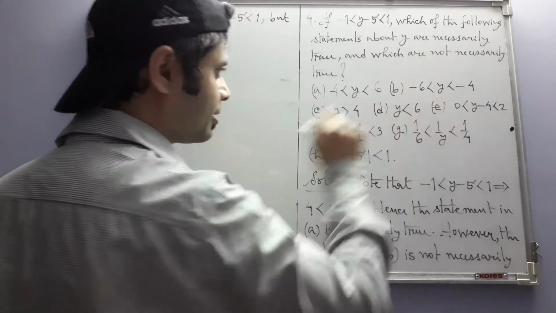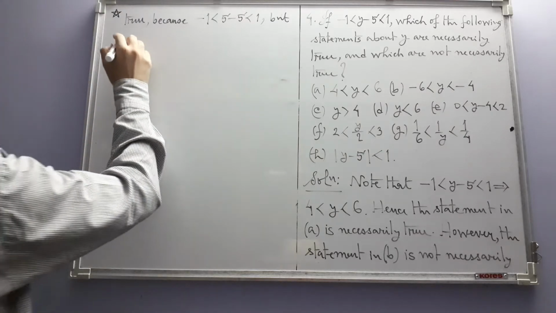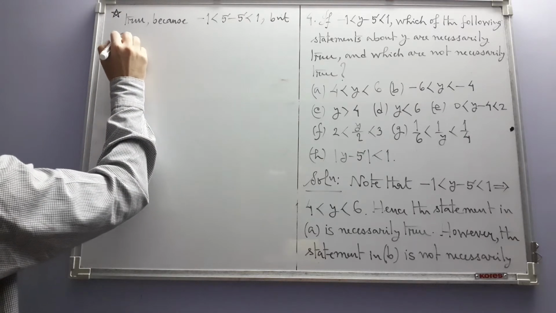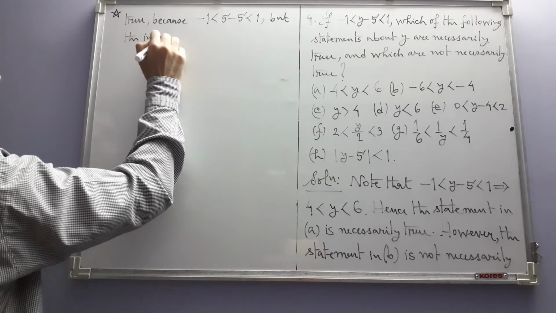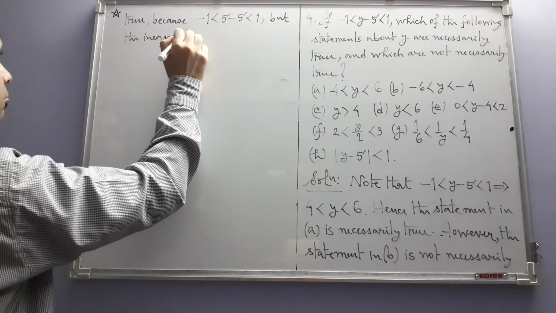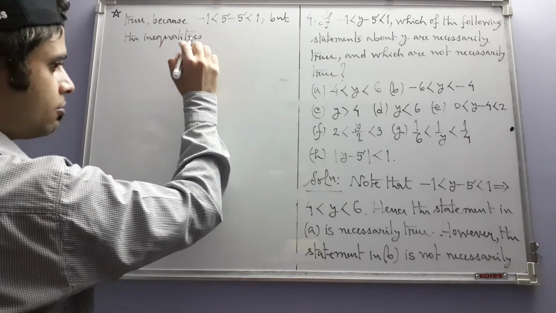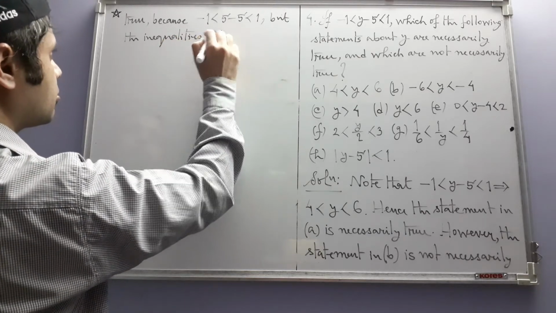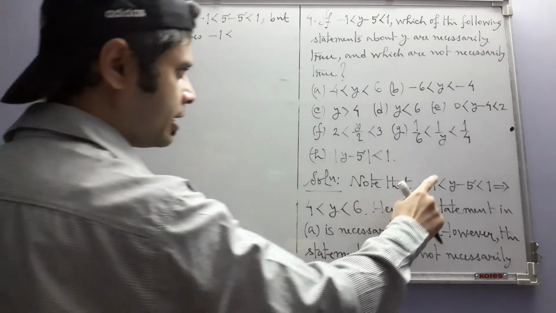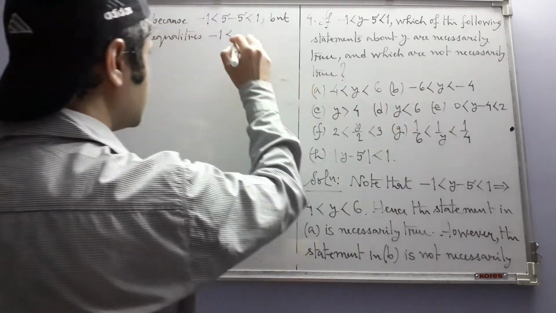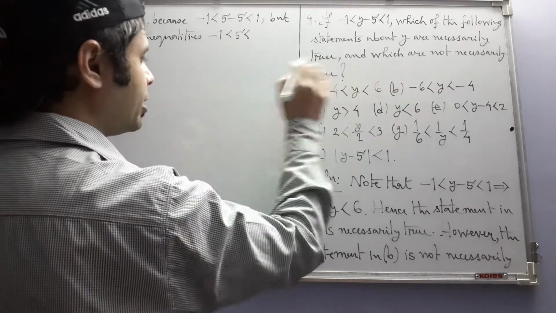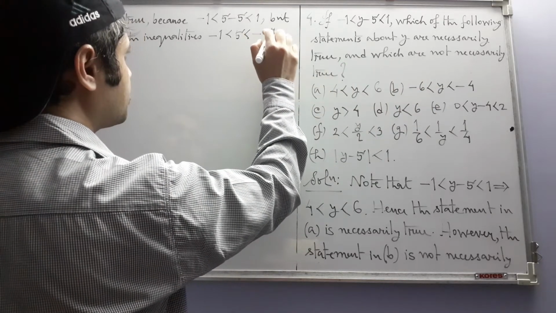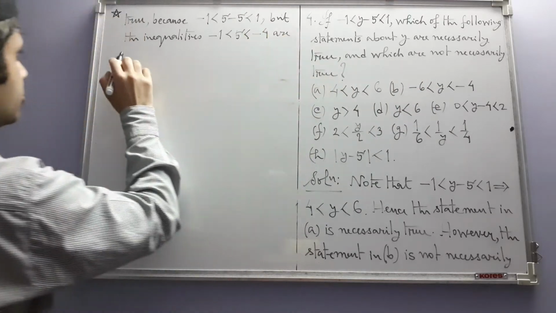But you cannot take 5 here. The inequalities minus 1 less than 5 less than minus 4 are not true.